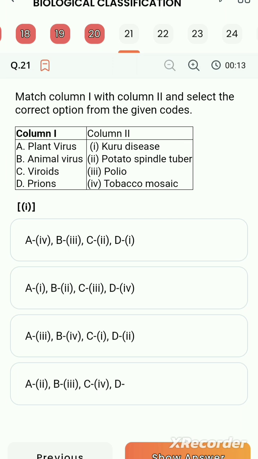In the first column, plant virus, animal virus, viroids and prions are there. So here, which is the plant virus? If you know, tobacco mosaic virus or potato spindle tuber, or which one, polio. You all know polio is an animal virus or plant virus. Tobacco mosaic is a plant virus or animal. If you sort this out, you will get the answer correctly.